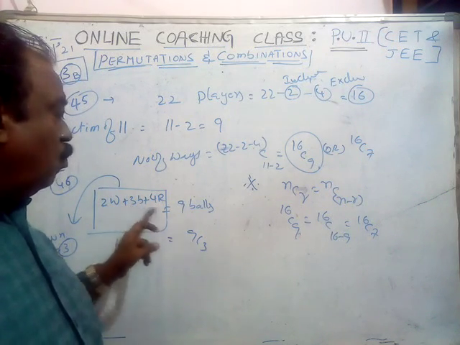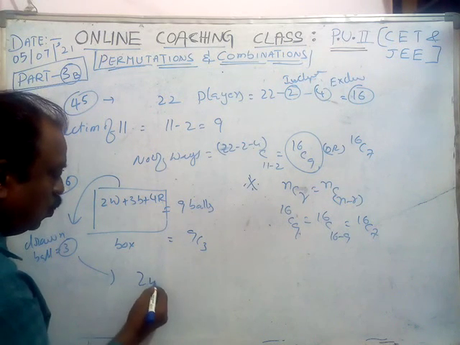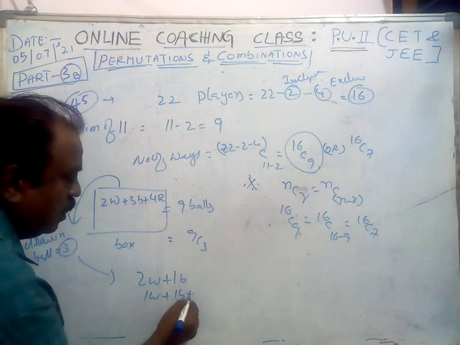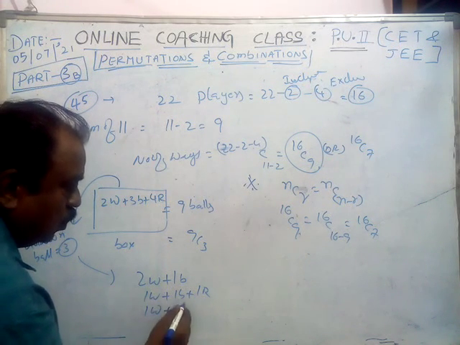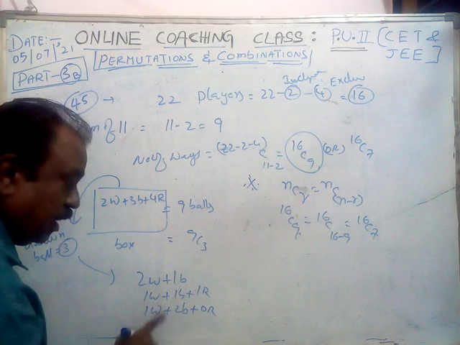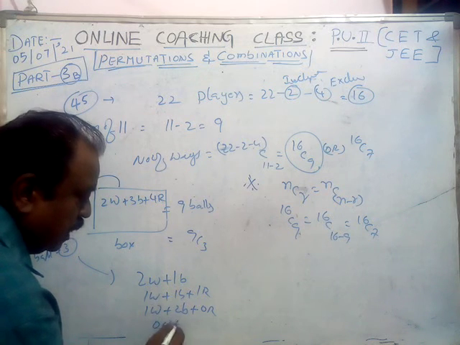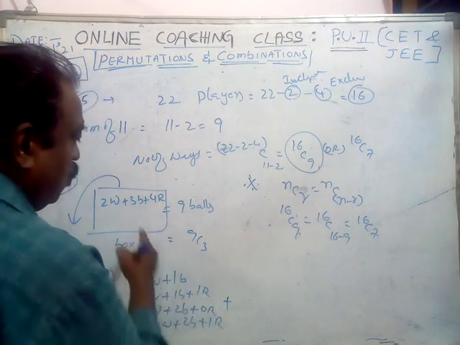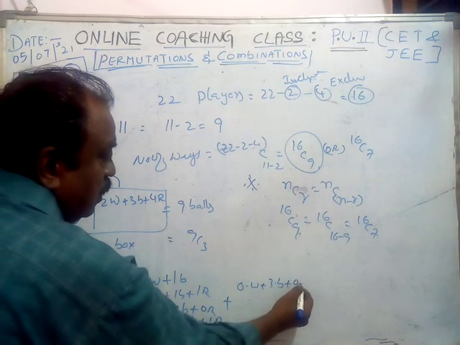At least 1 black means, in order to draw 3 balls: 2 white, 1 black; or 1 white, 1 black, 1 red; or 1 white, 2 black, 0 red; or 0 white, 2 black, 1 red; or we may draw 3 black, 0 white, 0 red.